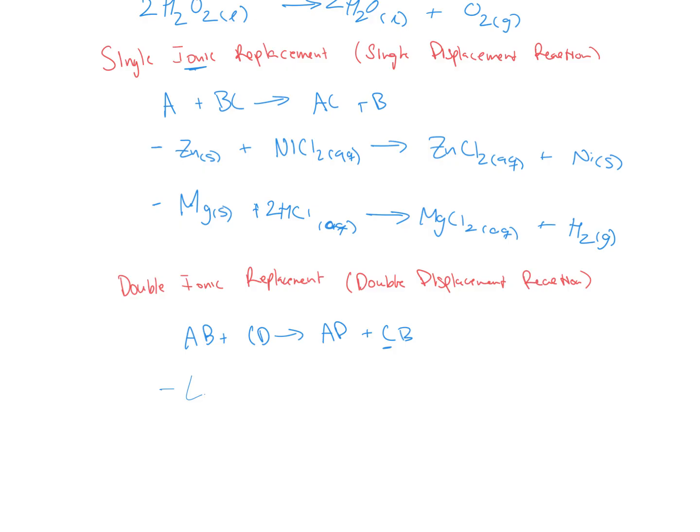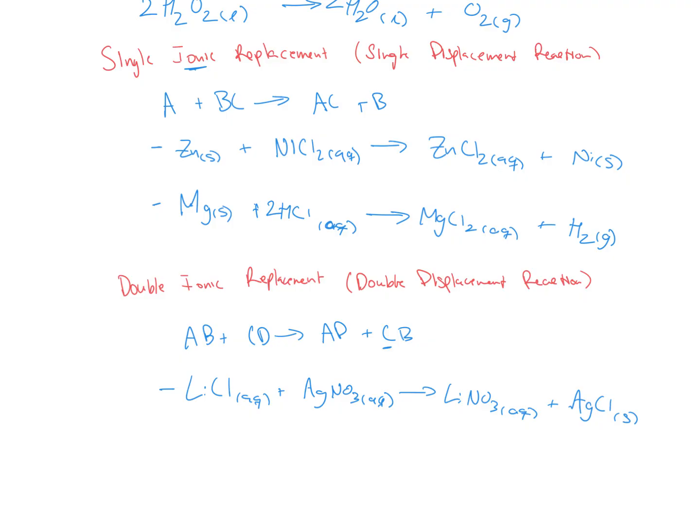An example is lithium chloride reacting with silver nitrate. This will do a double replacement to form lithium nitrate, which is aqueous, and silver chloride, which we've seen a lot before, is a solid.